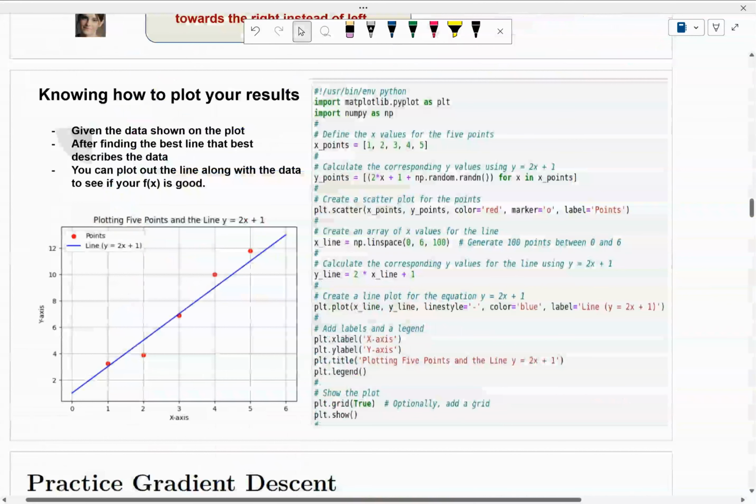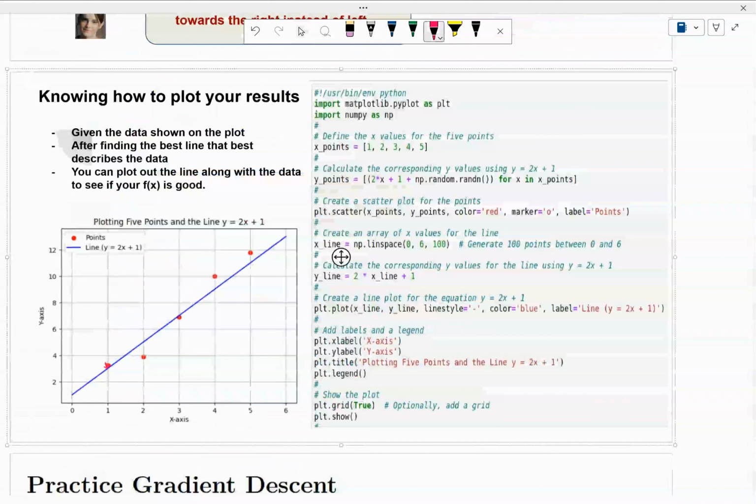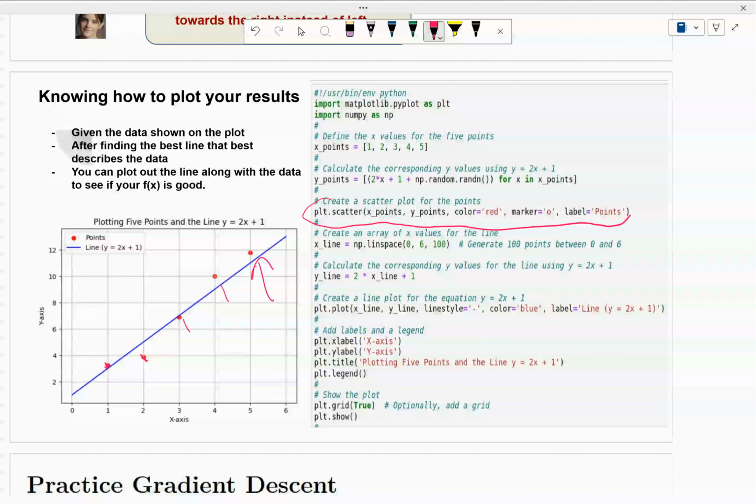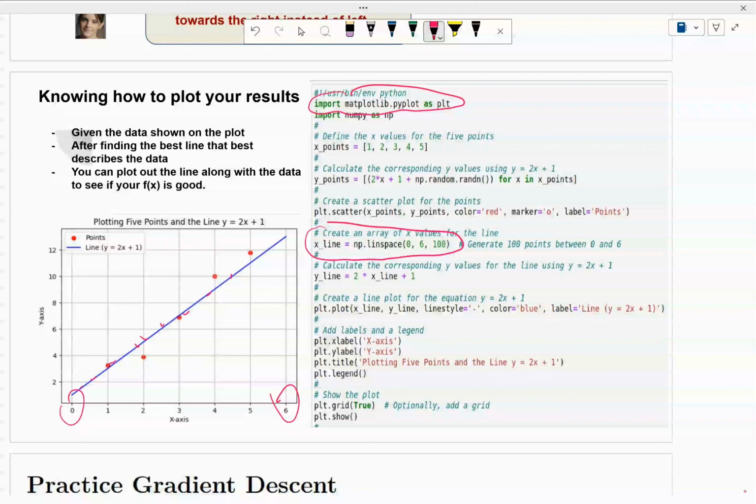Okay, so knowing how to plot your data. Once you have some kind of data, these are the points. The way you plot these points is called scatter. You want to use the library called matplotlib, and this allows you to plot the scatter. And then you can essentially draw a line. If you want to draw lines, you create all the points you want. So this creates points between 0 and 6 and creates 100 points in between.